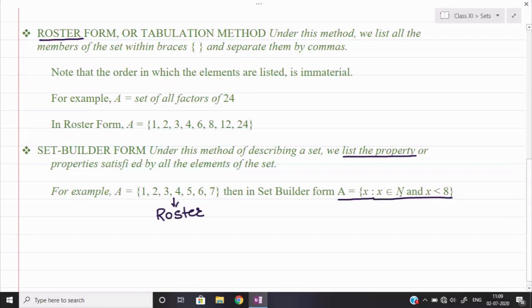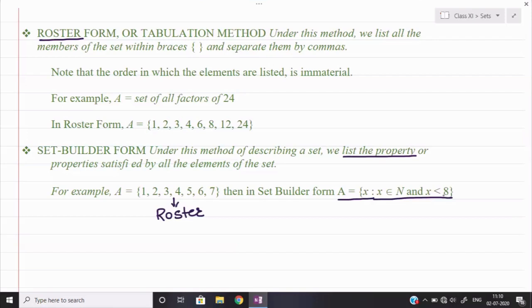So x is a natural number, which starts with 1, 2, 3, 4, 5 and so on. But we need to give some limitation to the value of x. If we don't write any limitation, it will go up to infinity. The second condition involved here is that x is less than 8. Means you can take natural numbers from 1, but it can't be 8 or more than 8. It will remain below 8.